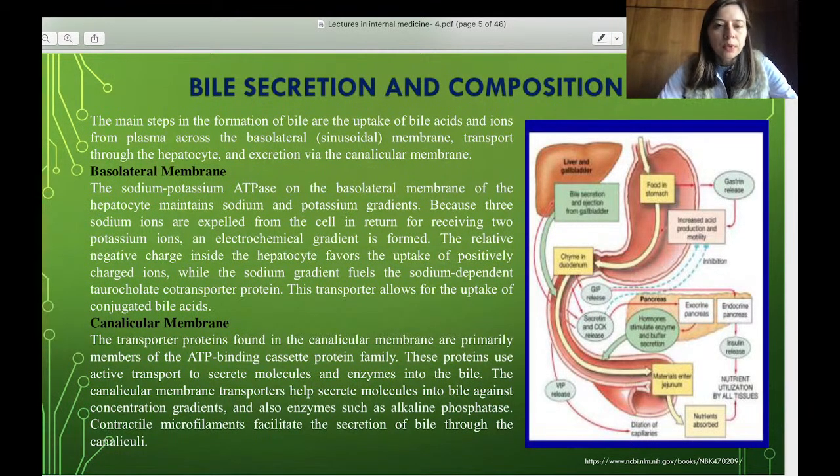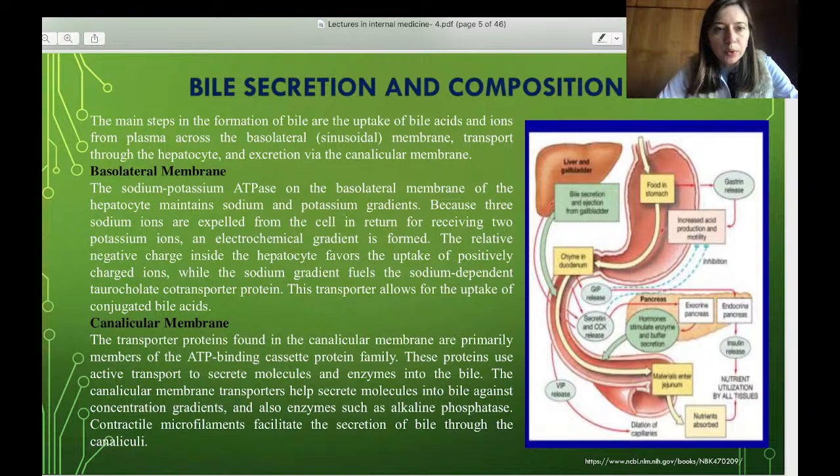And continuing, the main steps in the formation of bile are the uptake of bile acids and ions from plasma across the basolateral membrane, transport through the hepatocyte, and excretion via the canalicular membrane. About the basolateral membrane: the sodium-potassium ATPase of the basolateral membrane of the hepatocyte maintains sodium and potassium gradients.